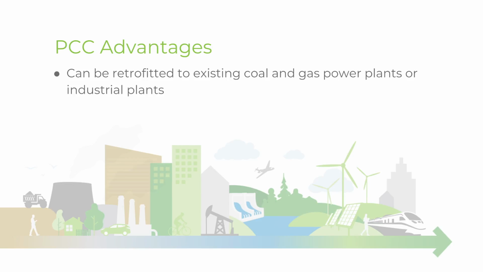It can be retrofitted to existing coal and gas power plants, as well as many industrial plants, as an end-of-pipe solution, allowing emission reduction of a number of industrial processes that do not yet have zero-emission substitutes. It can also be used for partial capture and configured to treat only part of the flue gas stream.